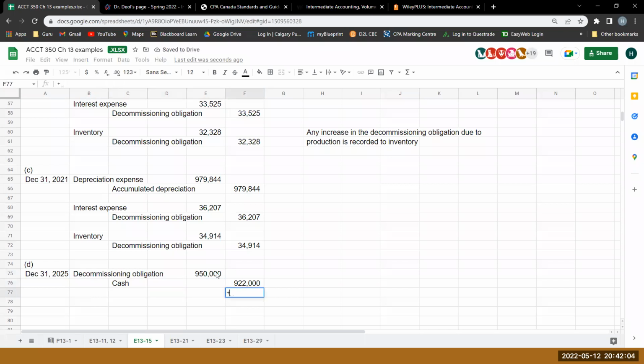Now, obviously, there's a difference. That difference of $28,000 is basically because we were able to settle our liability at less than what the carrying amount was. So that represents a gain on settlement of decommissioning obligation. I'm just abbreviating here.